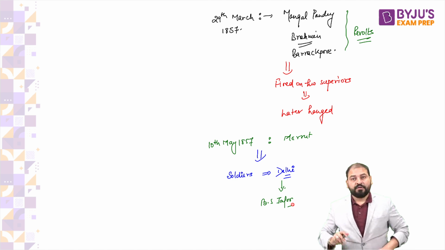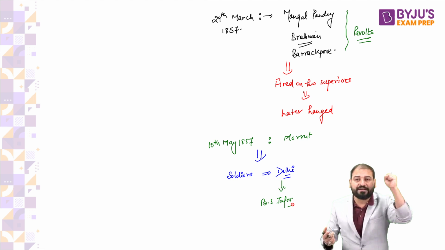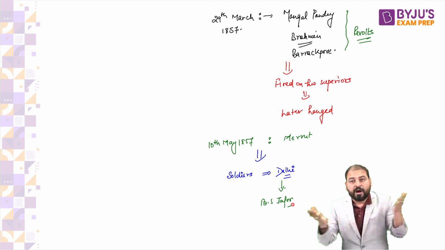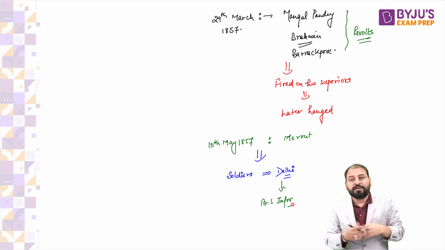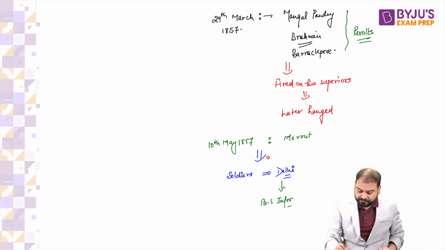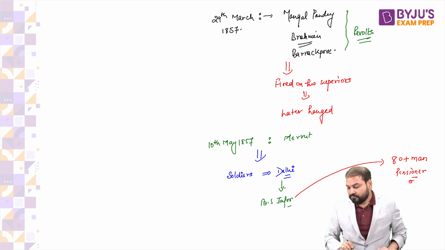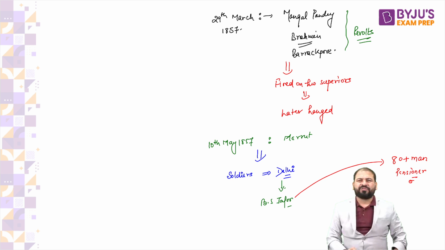Now guys, outside the Red Fort, all the soldiers have come and they are saying, Bahadur Shah, please come out, please come out. Bahadur Shah is not interested. Why? He's an 80-plus man, had always lived on his pension, did not want to get into this revolt.